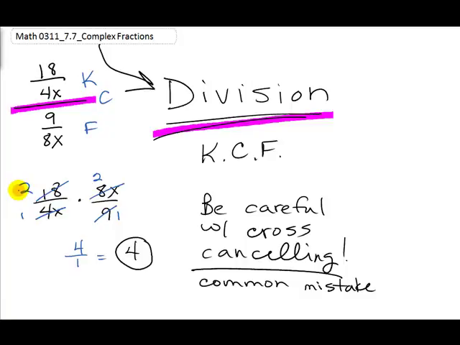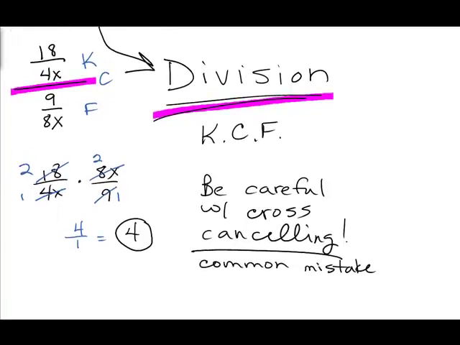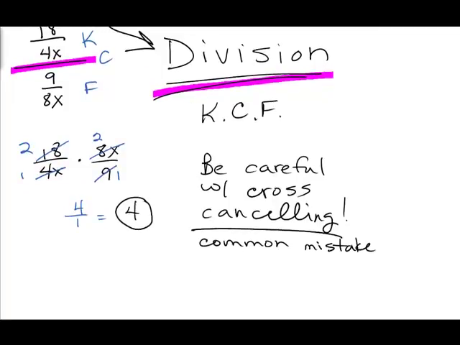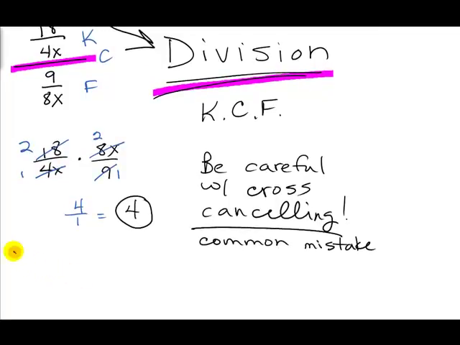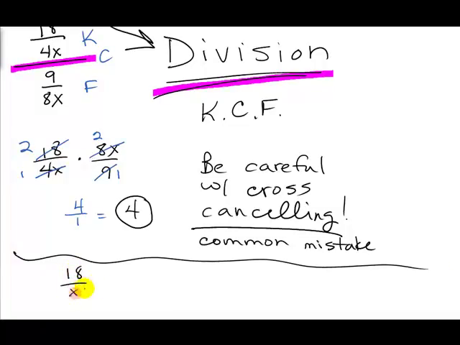Alright, so the other way to do this is we could go ahead and just write this out. So I'm going to take this same problem and I'm going to rewrite it as division. So if I'd have 18 over x divided by 9 over 8x, which when I do the keep, change, flip, well, let's include the 4, Cindy.